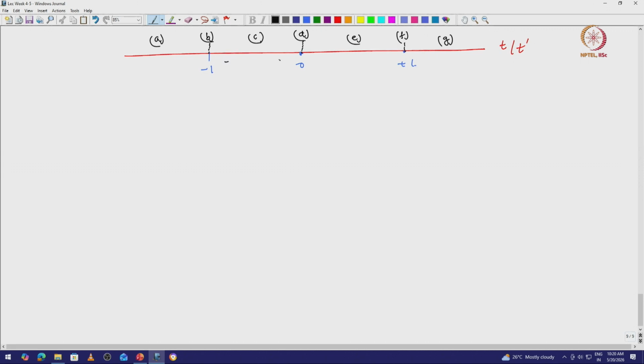Anywhere in between minus 1 to 0, things will be similar. Things means topology.